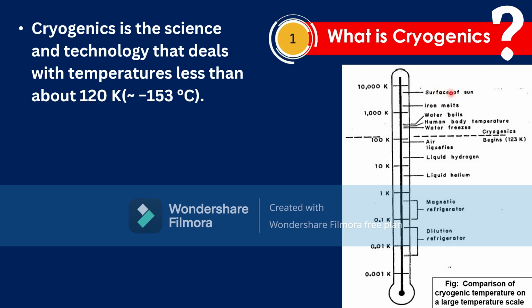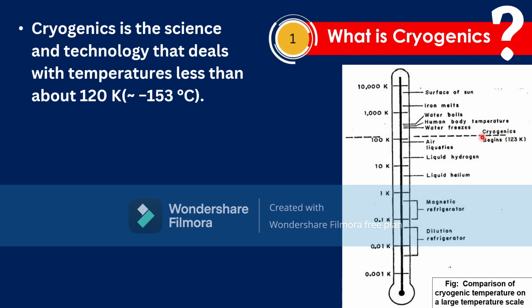Then we have the melting point of iron, and below 100 Kelvin, we have temperatures like the boiling point of water, the temperature of our human body, and the temperature of 0 degrees Celsius of fresh water.